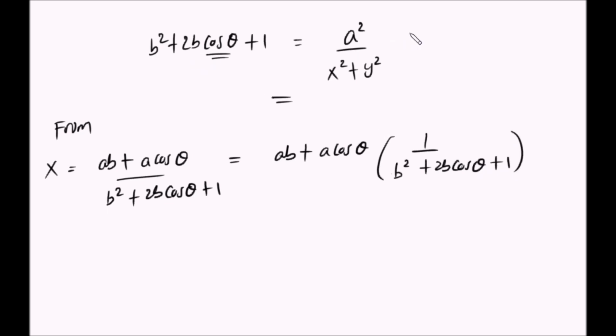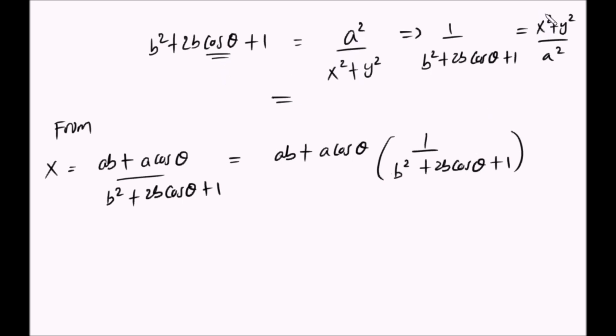So unaona hapa juu hapa niki reciprocate upande wa kushoto utakuwa hivi. Wakati upande wa kulia itakuwa ni x squared plus y squared over what? A squared. So nime reciprocate huku na huku.